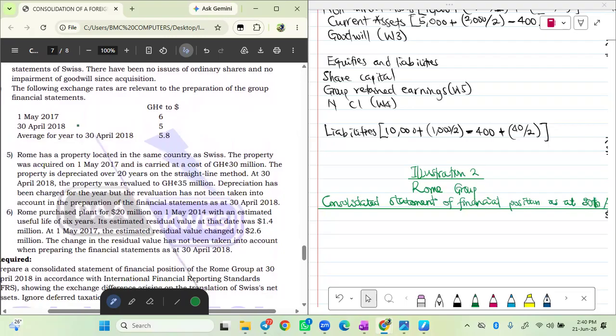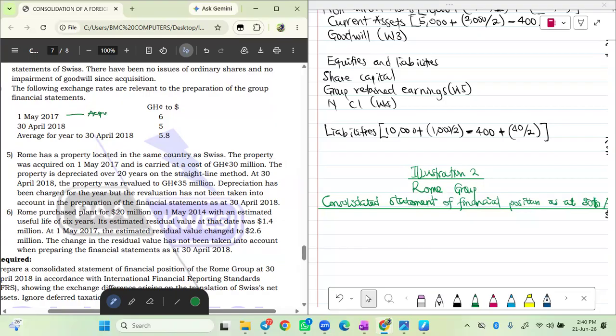The following exchange rates are relevant to the preparation of the group financial statements. On 1st May 2017, the rate of Ghana cedi to a dollar is 6. The average rate for the year to 30th April 2018 is 5.8.